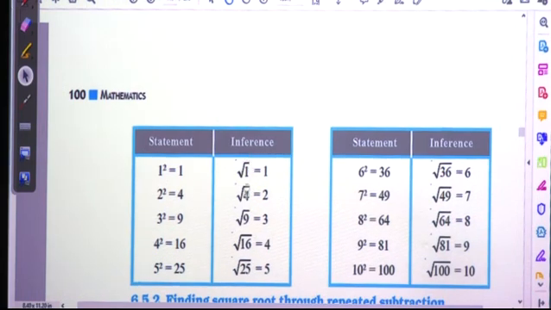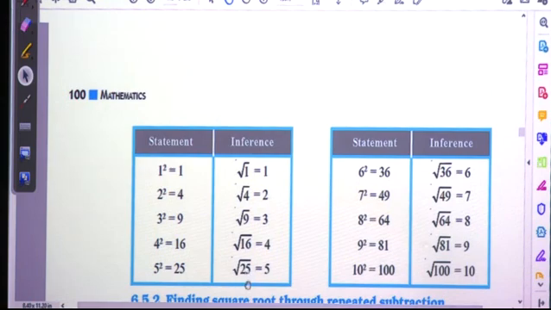If 1 is in ones place, 1 or 9 was the possible digit. And for 6, if 6 is present in ones place, 4 or 6 will be the ones digit of the square root. I think you are understanding it.